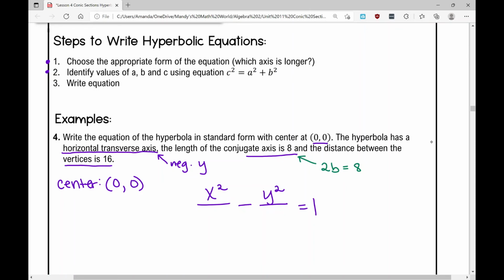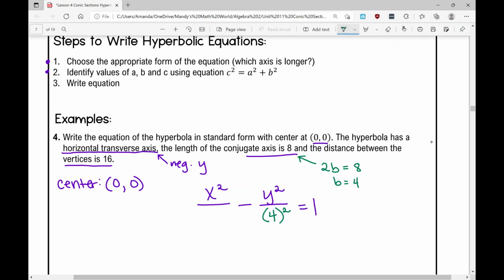So to find the value of b, I just divide by 2, and I get 4. If b is 4, then b squared is going to be 16. And that's going to be underneath the y term. Remember, a is always under the positive fraction, which means this right here would be under the negative.